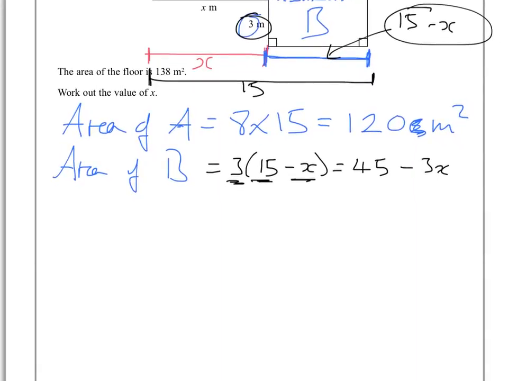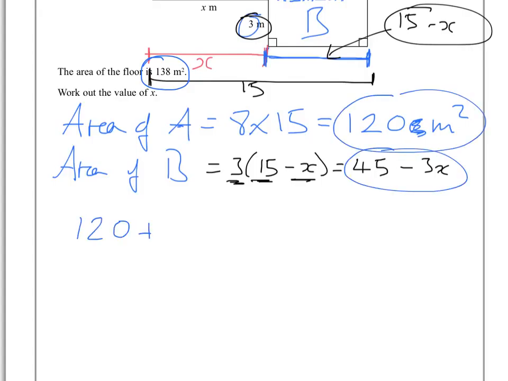There we go, let's go back into blue. And we've been told that the total area is 138, so what we've got is 120 plus 45 minus 3x equals 138. And we can work from there.